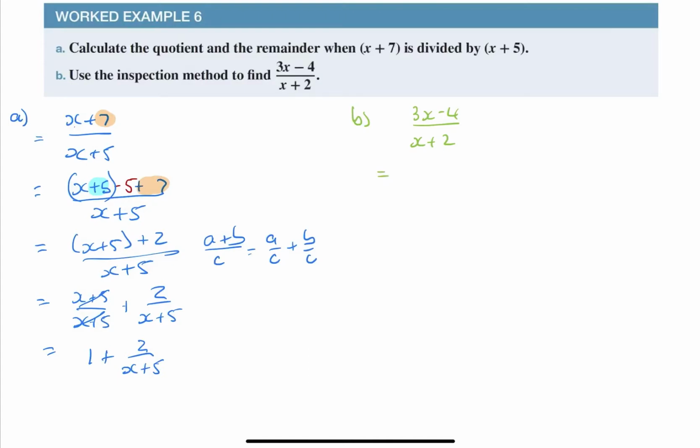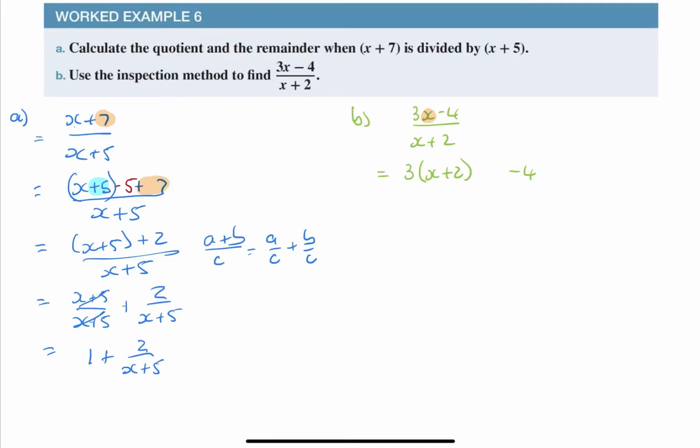I'm going to replace the x with my divisor. So in the place of this x, I'm going to put x plus 2, in a bracket. So this is 3 times (x plus 2), and that minus 4 still stays minus 4.